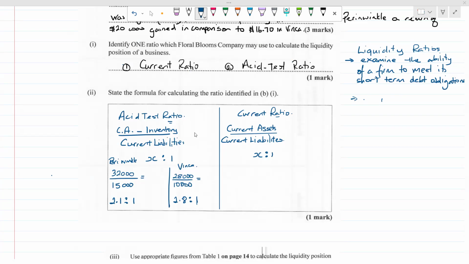So both of them are in good standing. Yes, we would say that they are solvent, meaning that they can meet debt obligations. When they cannot, insolvent is the word we'll use.